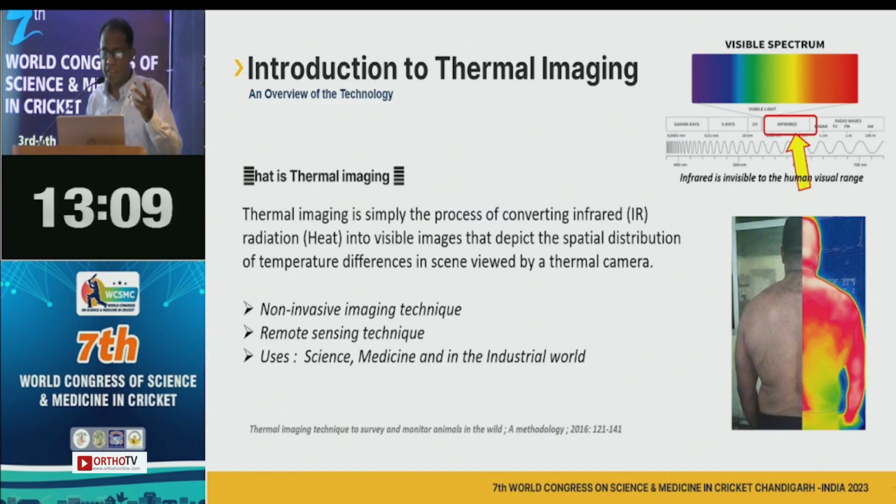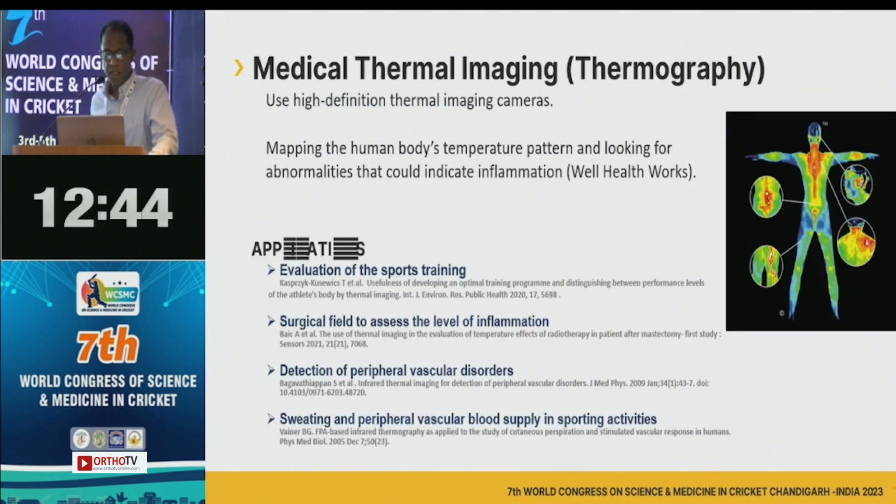This camera is high technology and is very highly used in the industrial world today, but not in other fields. Recently, however, we have witnessed science and medicine also applying this technique, and it is non-invasive as well as a remote sensing agent.